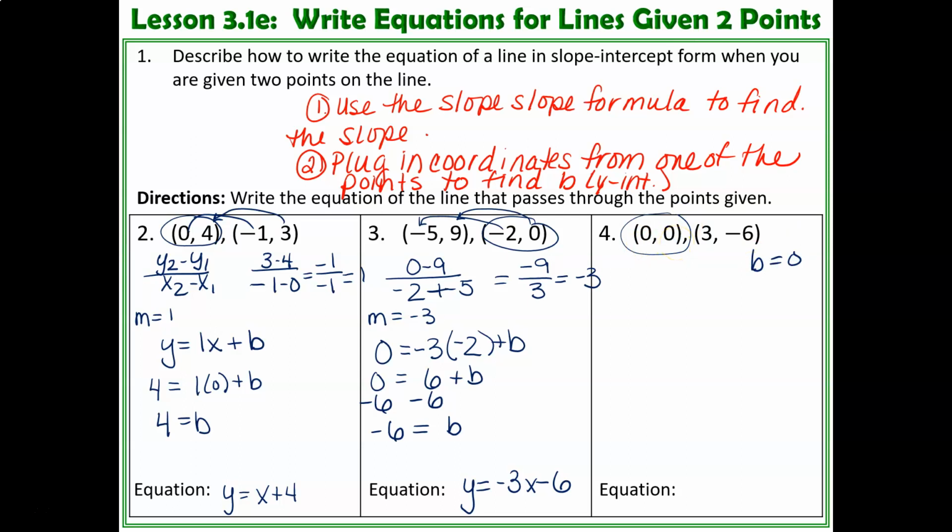But we do need to find the slope. So I have negative 6 minus 0 over 3 minus 0 gives me negative 2. So my equation is going to be y equals negative 2x. We don't write anything for the b because it's the origin.